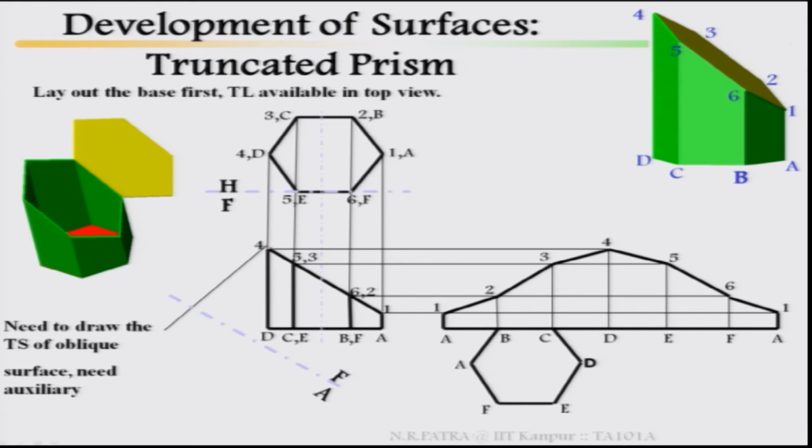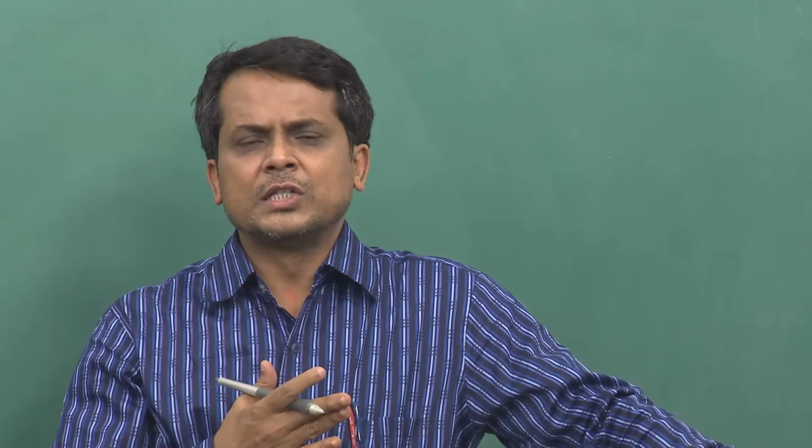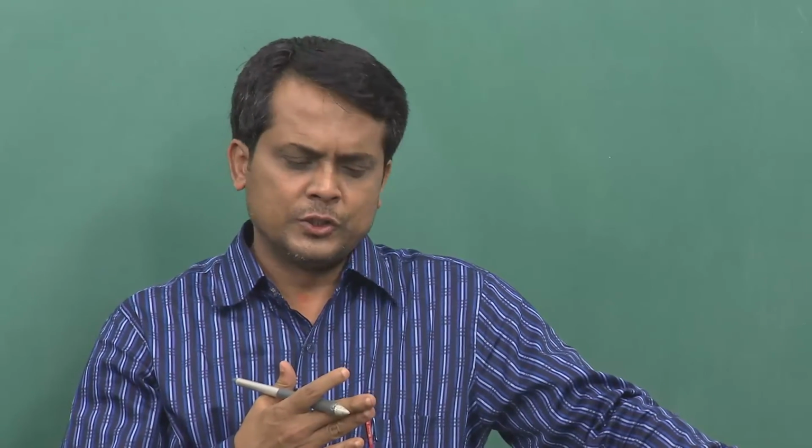Because this is an inclined or oblique surface, you need to have the true shape. You have to find out the true shape either by the method of rotation or by means of an auxiliary plane.